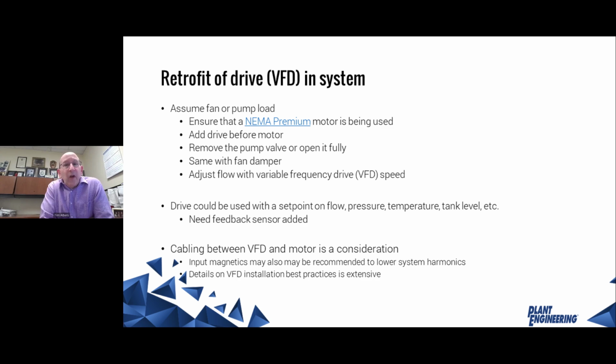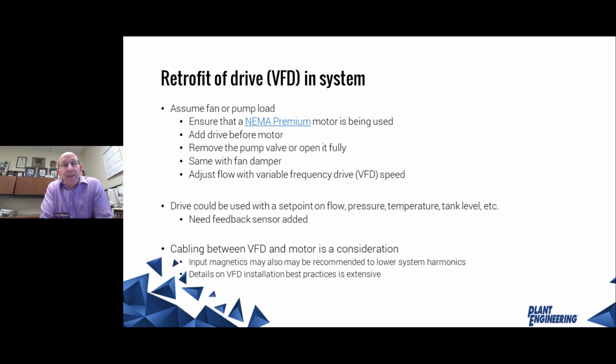Then adjust flow using the variable frequency drive, taking whatever feedback was going to the valve or the damper and instead taking it back to the drive. That set point could be based on flow, pressure, temperature, or tank level. Any of those measurement devices would now come back to the drive.